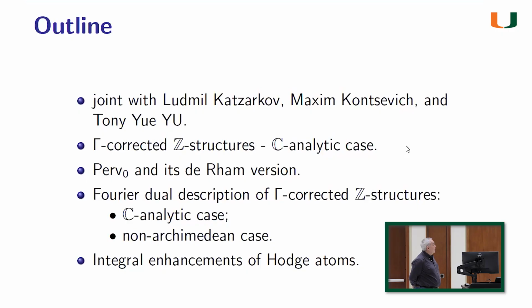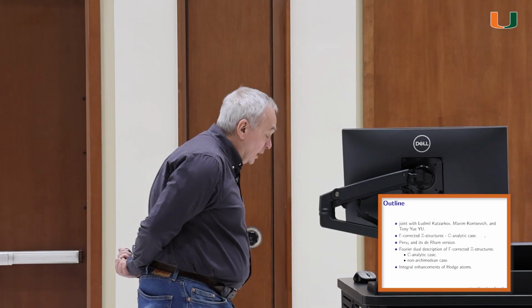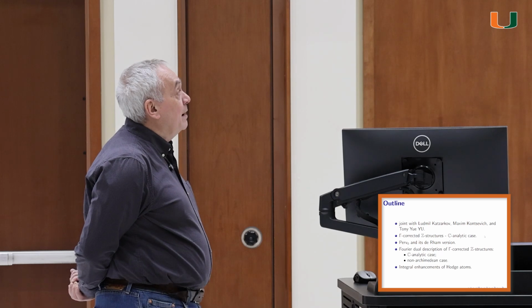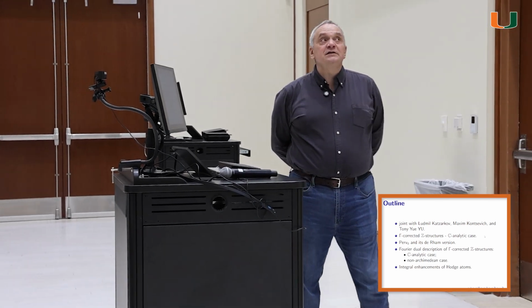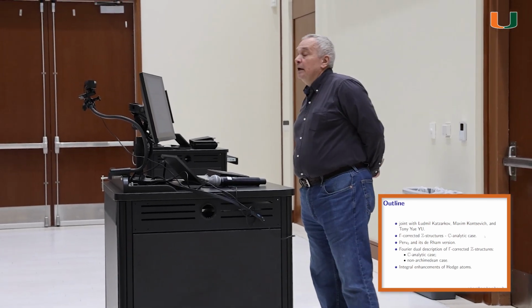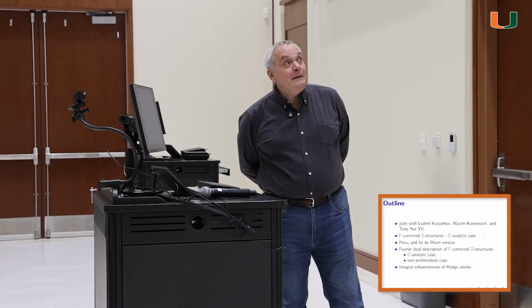And so for this, you need a little bit of work to recast the objects that give you the integral structures, which are these perf zero shifts that Max already mentioned, into the non-Archimedean context. And the key to that is to find some kind of a de Rham model for them in the C-analytic case, which will make sense in the non-Archimedean analytic case.